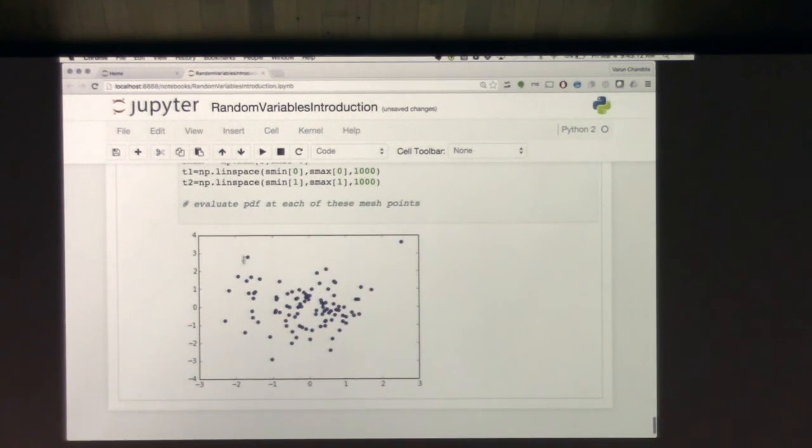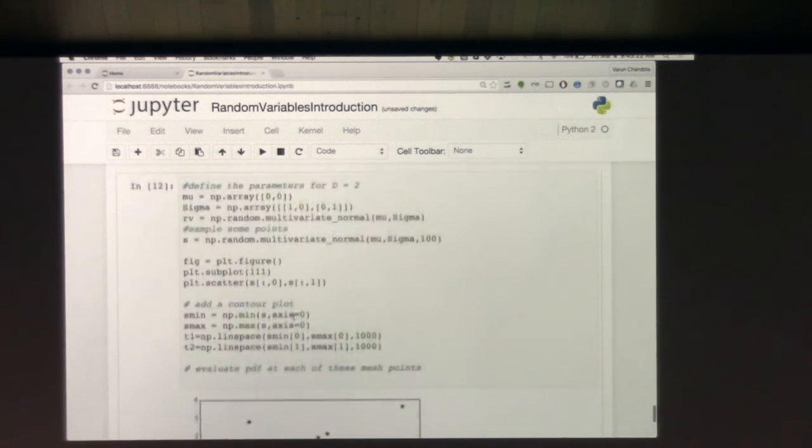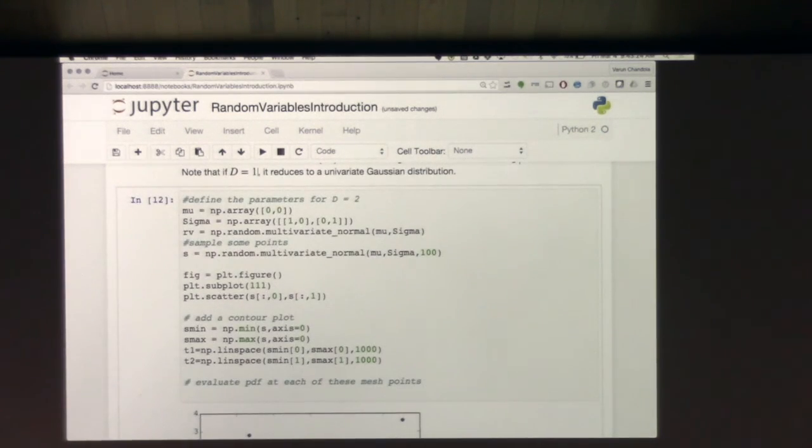Essentially these are different samples from this two-dimensional distribution. Each one has two attributes, x1 and x2, right? By controlling the parameters mu and sigma, remember now mu is a vector and sigma is a matrix, you can create these different things.